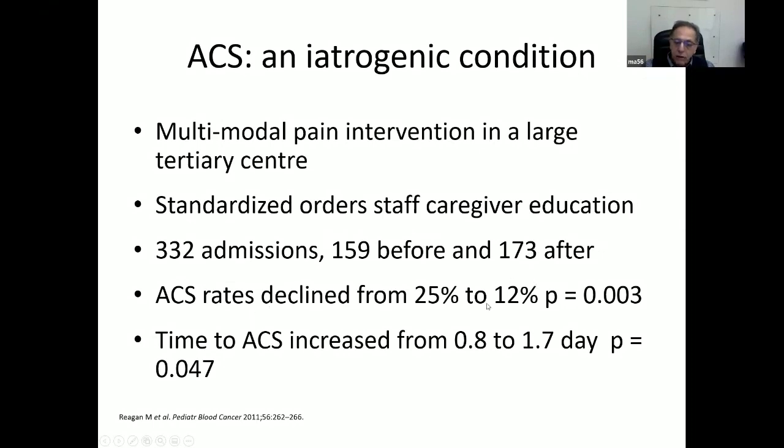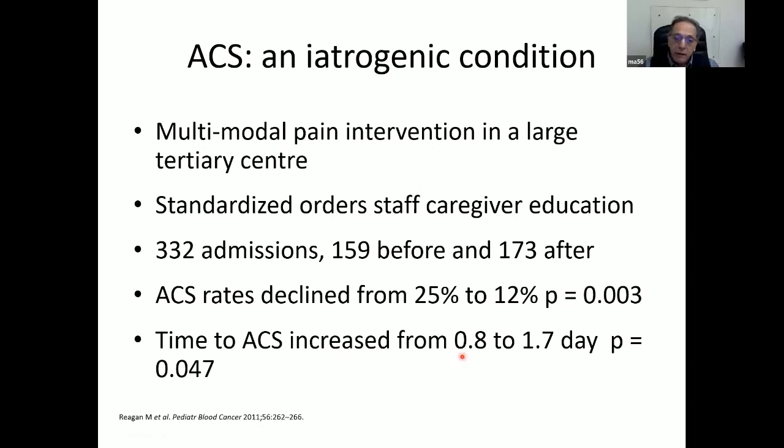And they showed that the acute chest syndrome rate in patients admitted originally for pain crisis declined from 25% to 12%, and the time to develop acute chest syndrome also almost tripled from 0.8 to 1.7 days.